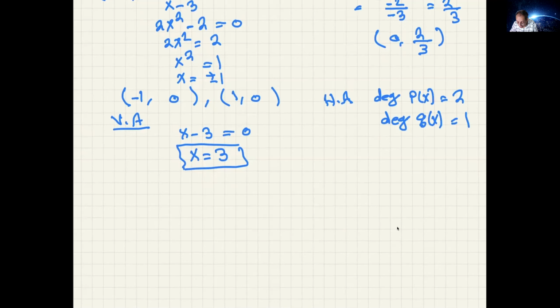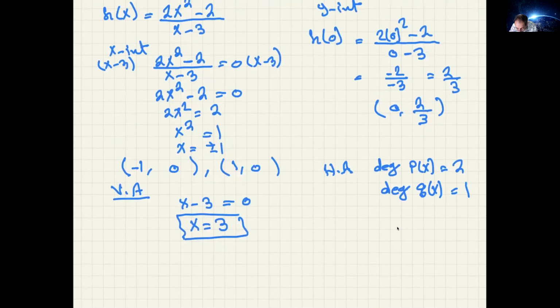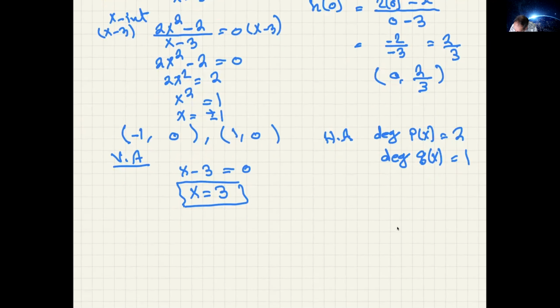So I divide 2x squared minus 2 divided by x minus 3. So I rewrite first 2x squared plus 0x minus 2 divided by x minus 3.